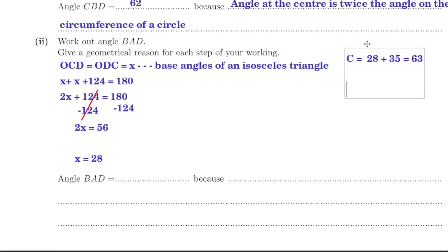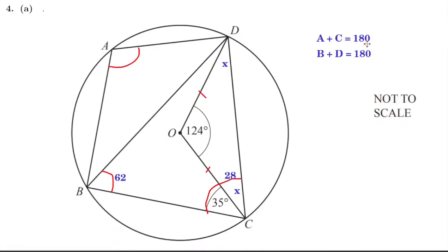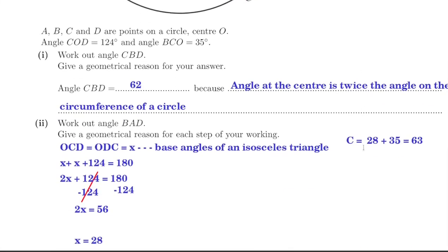Remember, we are looking for angle A, which is BAD. So BAD is equal to 180 degrees minus angle C there, which is 63. This gives me BAD equal to 117 degrees.